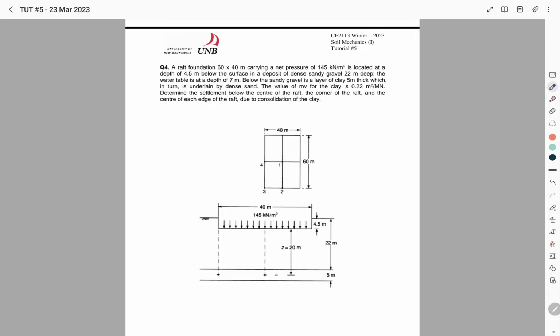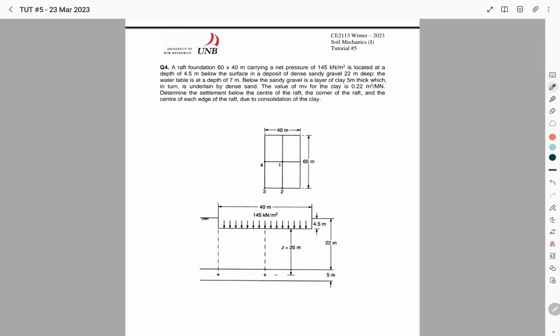The water table is at a depth of 7 meters, and below the sandy gravel is a layer of clay 5 meters thick, which in turn is underlain by dense sand.